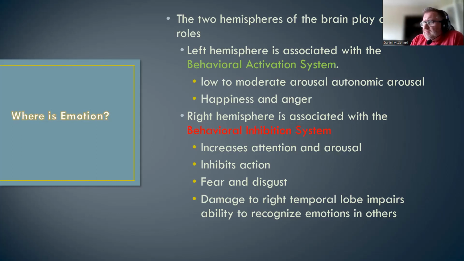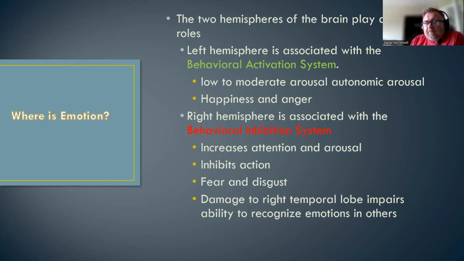Curious here about what happens if we have damage to some of these regions on the right temporal lobe that are involved in the behavioral inhibition system. We lose the ability to recognize emotions in others when the damage is localized to the right side like this. And that may play some role in that attentional monitoring, right?